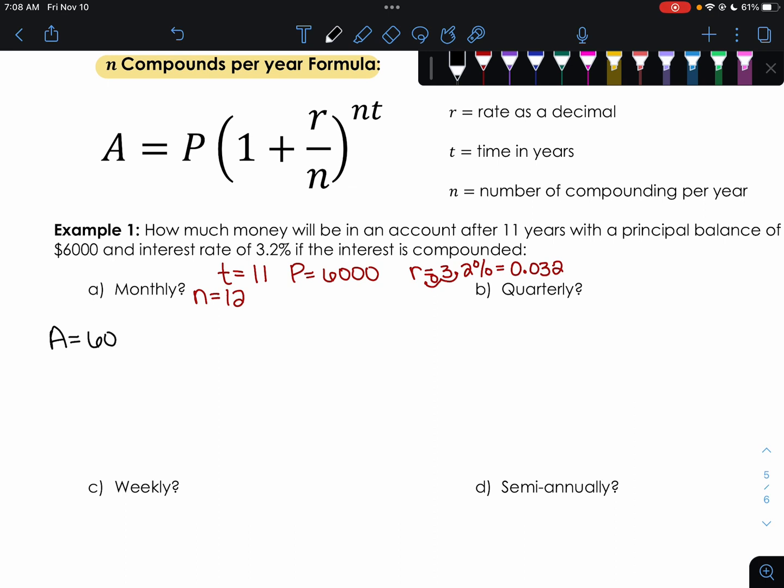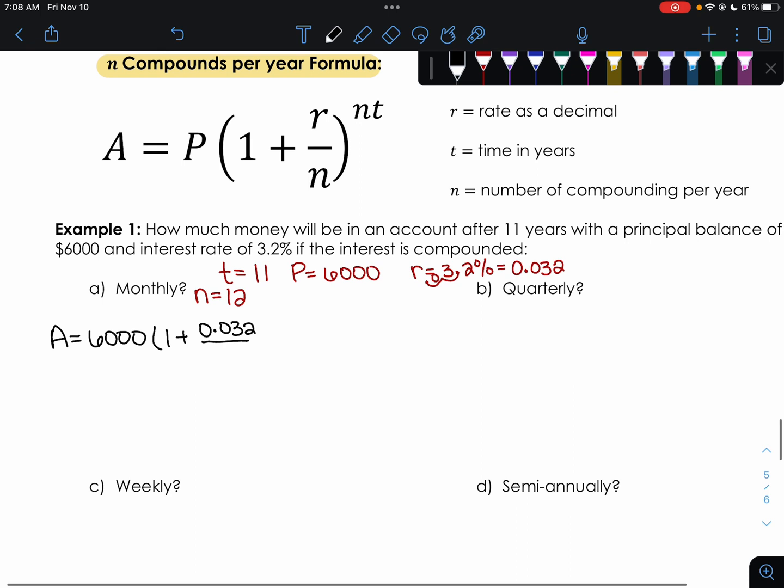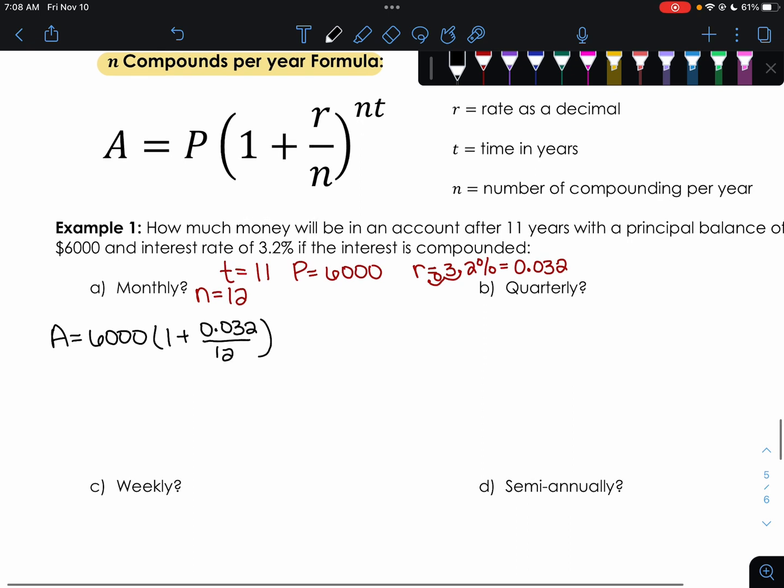So we have $6,000 times 1 plus our rate, 0.032, divided by 12 to the power of 12 times 11. So we're going to type that information into our calculator to evaluate.